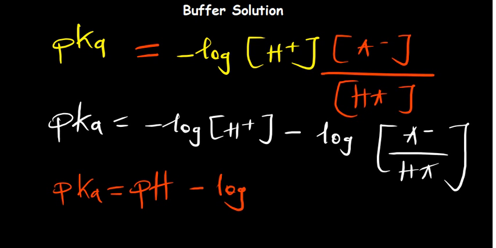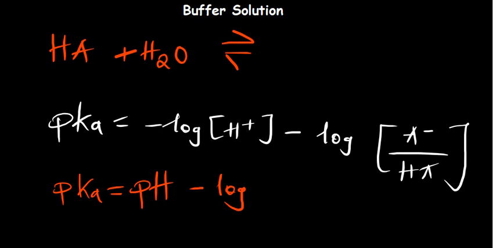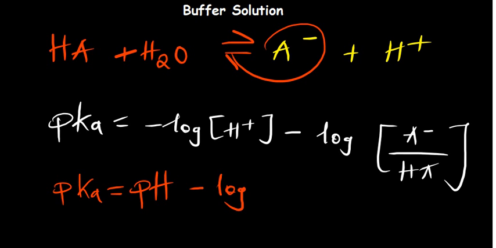From what we had written in our equation, we had HA, which was our acid, dissolved in water, so that we had A minus, which is basically our conjugate base, and then of course we also add a formation of what? A proton. So in this case, the A minus that we have is representing our conjugate base.